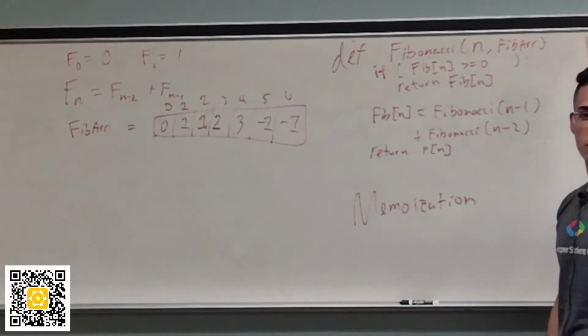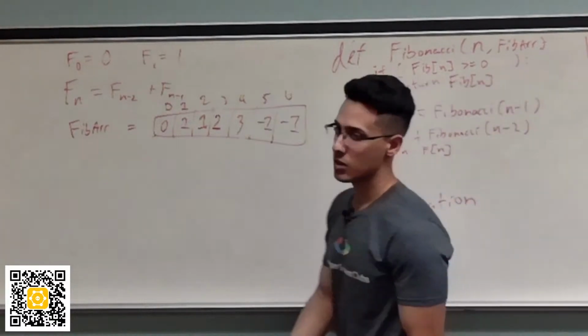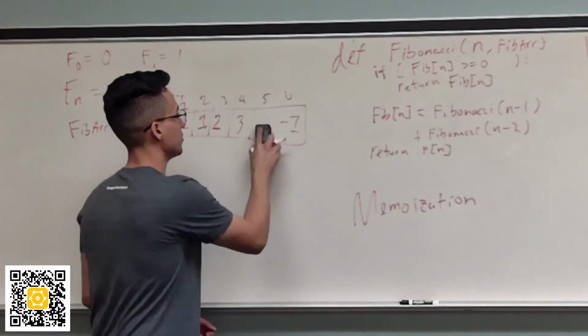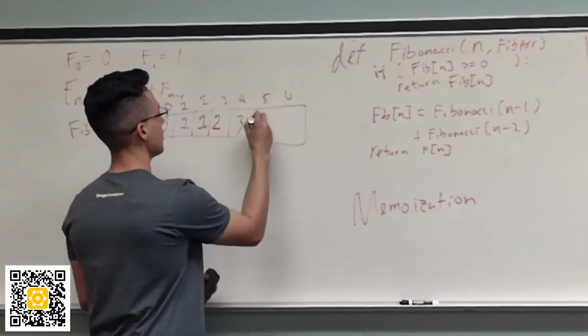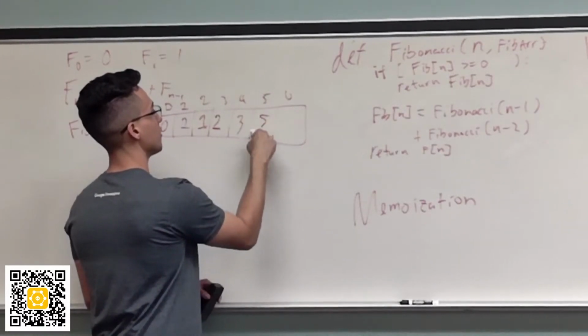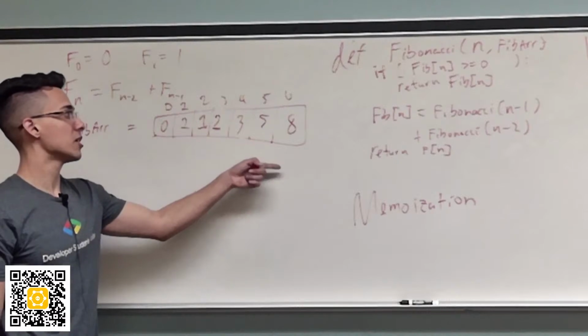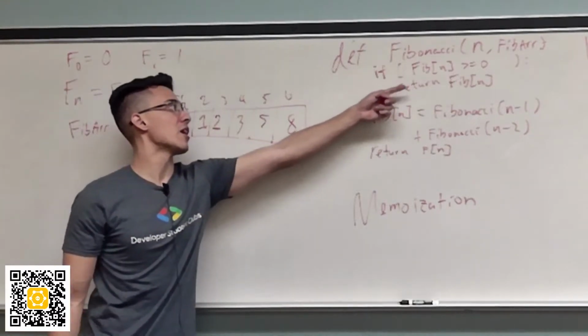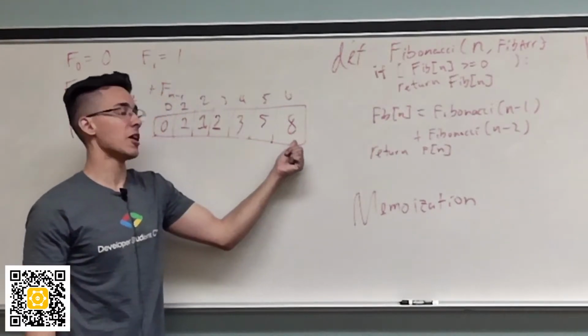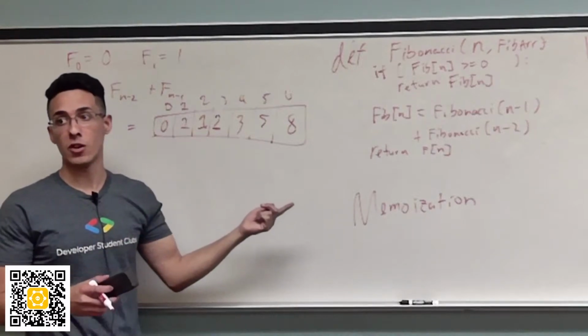Right? Okay. So then, of course, I would go all the way. 3 plus 2 is 5. 5 plus 3 is 8. And if I wanted to get fib6, since fib n is greater than or equal to 0, that means it's calculated. Because before it was -1, so that means we didn't do work.